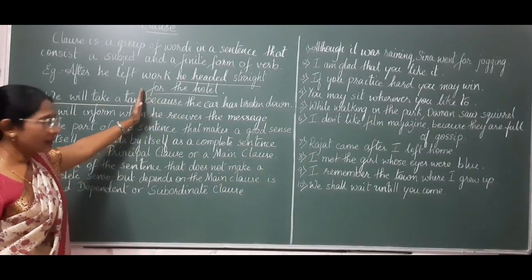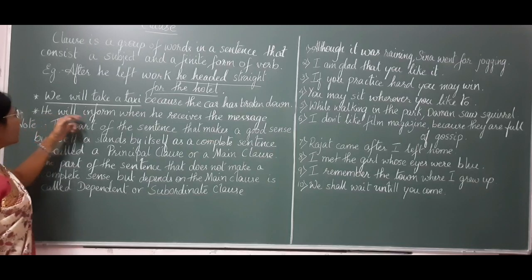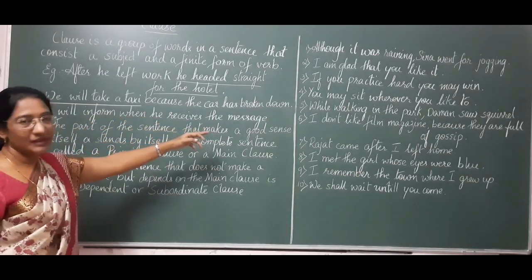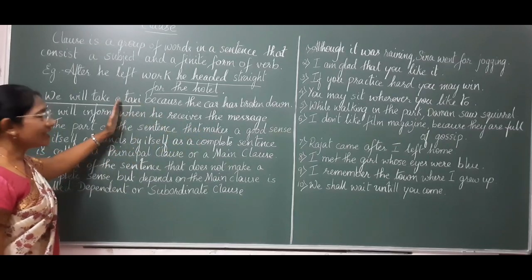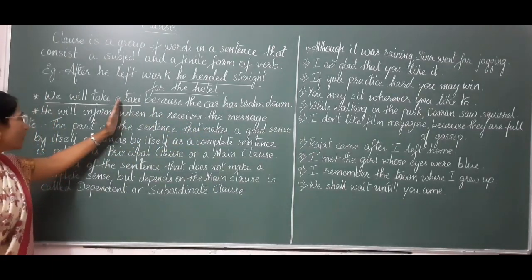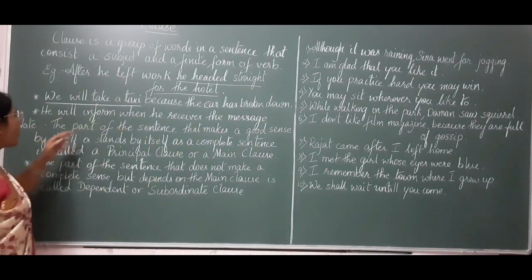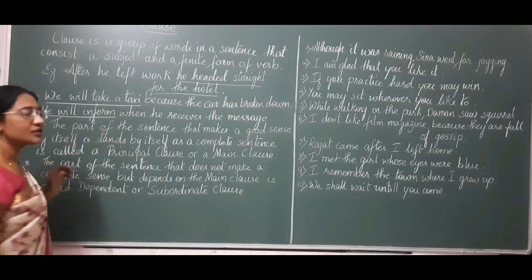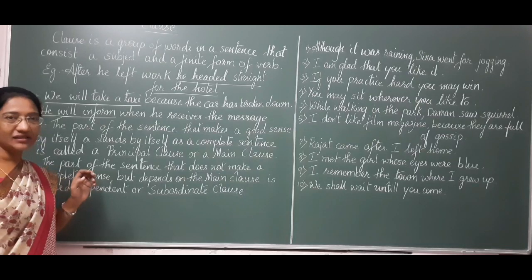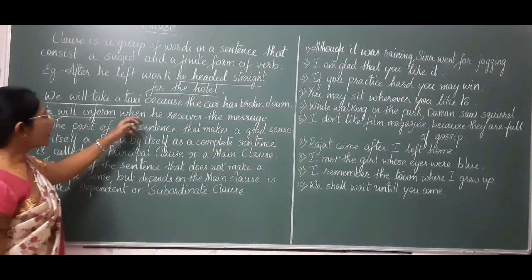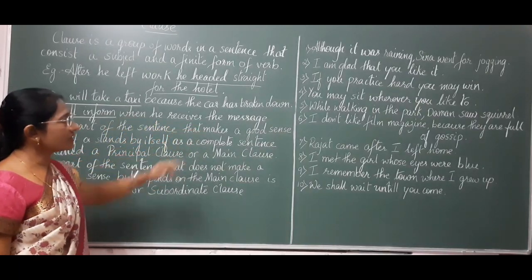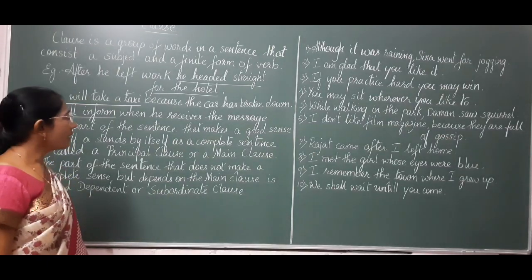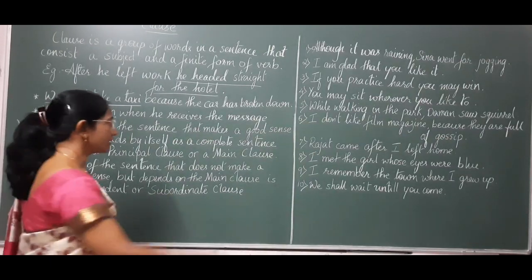complete sense. He will inform when he receives the message. So if we split the sentence meaningfully, he will inform becomes a part of the sentence which gives a complete sense, whereas when he receives the message gives an incomplete sense or a partial sense.